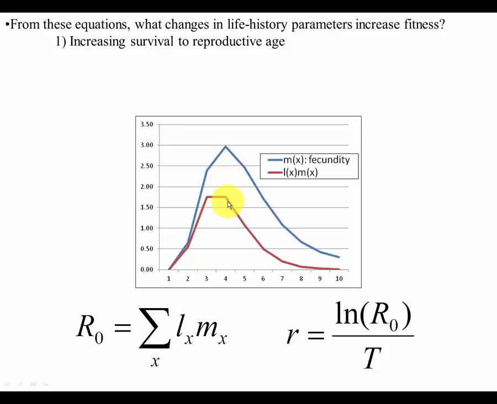As individuals get older, though, more and more of this curve is behind them, and they have less reproductive potential ahead. So for example, at age class 5 here, most of the reproducing that an individual is going to do is behind it. There's relatively little possible reproduction left. When individual voles get to age class 7, it's even more extreme. Almost all of the reproductive potential is behind them, with very, very little up ahead.